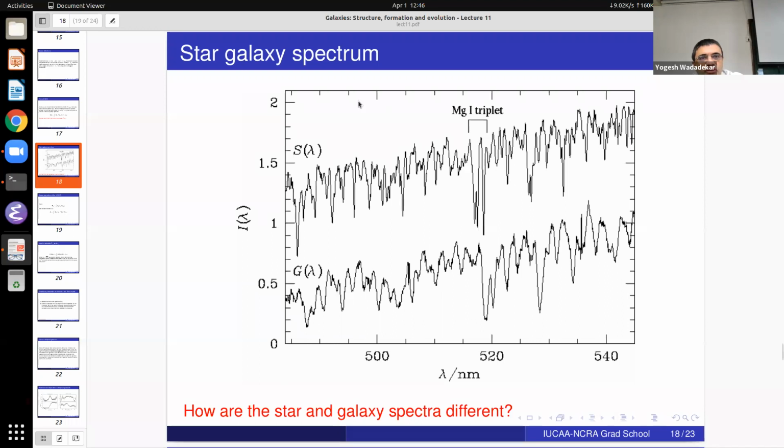If you have more bright blue stars, then the overall spectrum should have gone brighter as you go to shorter wavelengths. That is not happening. So this has to be an early-type galaxy, dominated by late-type stars.